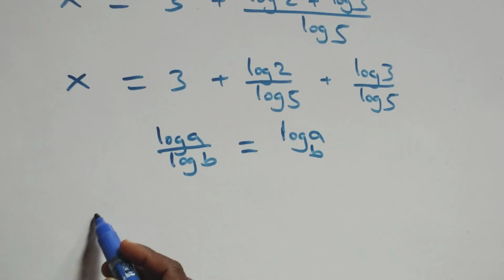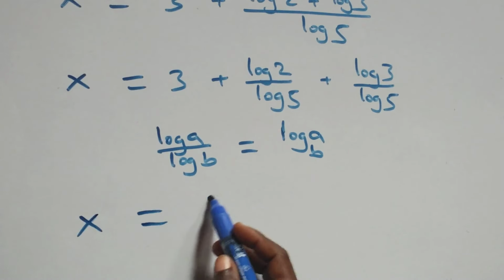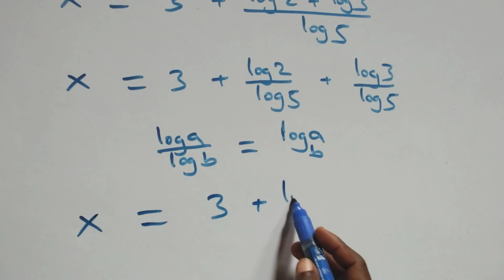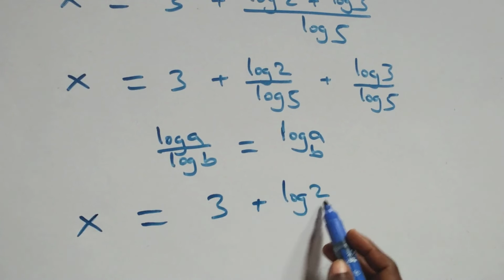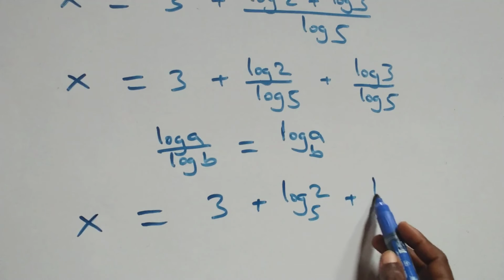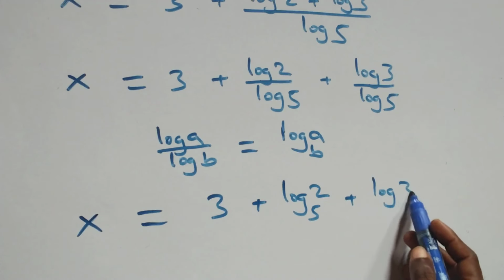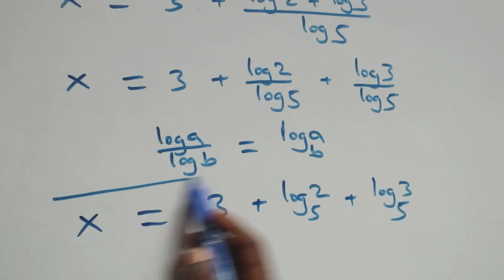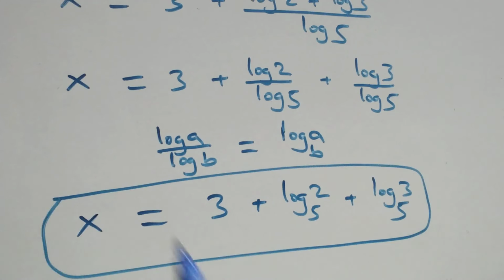Then what we have here becomes x equals 3 plus log 2 base 5 plus log 3 base 5. That is the value of x here.